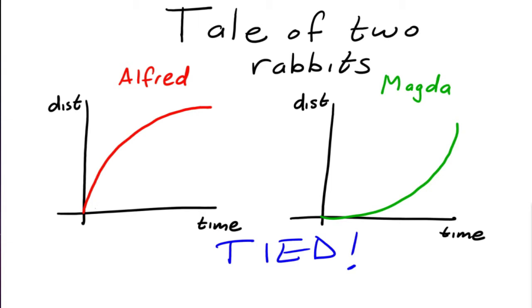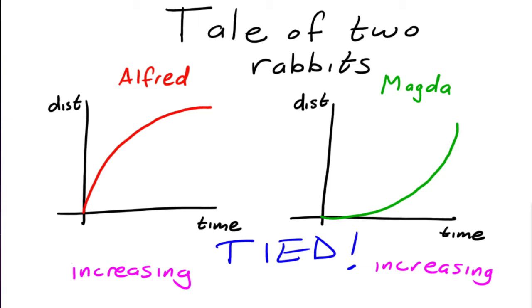Notice that first off, both, if you look at the functions, they're both increasing. So this one is increasing and this one is increasing. But notice how they're increasing in a different way.